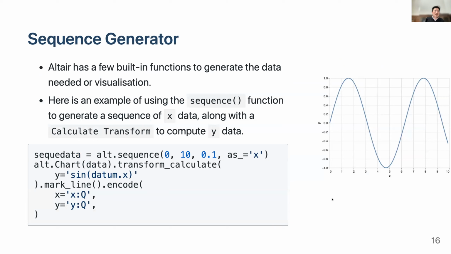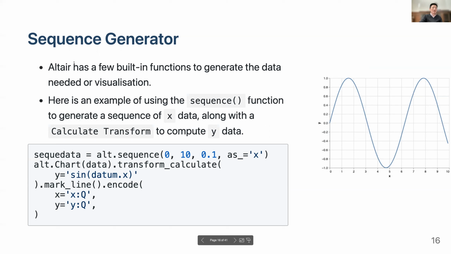Okay, and we're gonna go through this part fairly quickly now, just because we're a bit behind in terms of schedule. Altair has some built-in functions to generate data, similar to, say, the random generator we saw before.